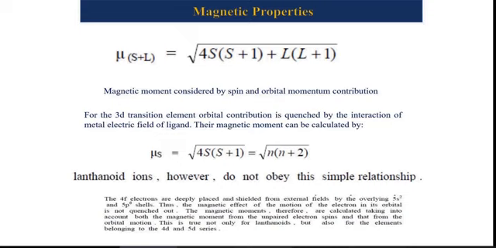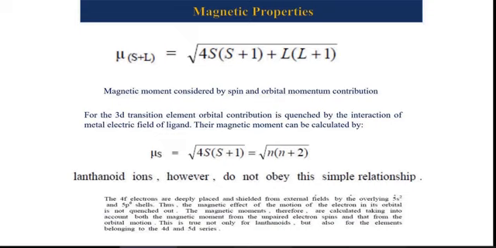That's why the crystal field effect is negligible in the case of lanthanide, and we prefer the formula root of 4S(S+1) + L(L+1). Now see here, S belongs to spin momentum contribution and L belongs to orbital momentum contribution, right?